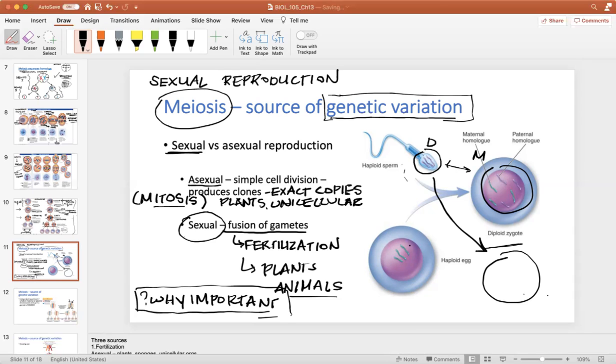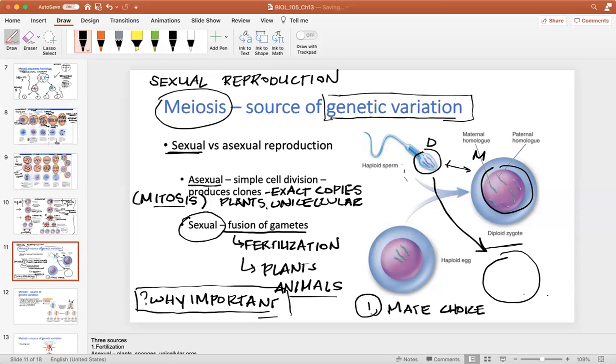And I want to tell you about 3 different sources of genetic variation. The first one is simply, how can I put this? Mate choice. And what I mean by that is if Beyonce and Jay-Z have a baby, that's a great baby, right?